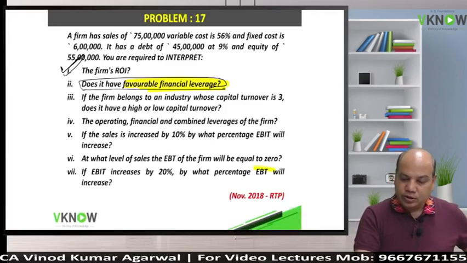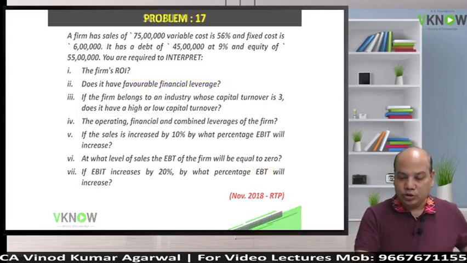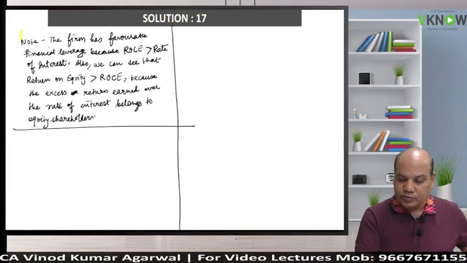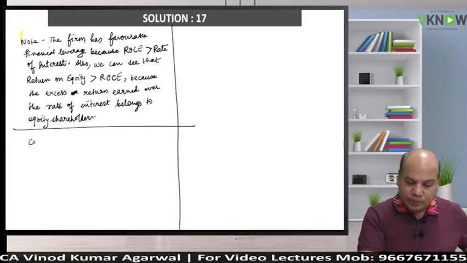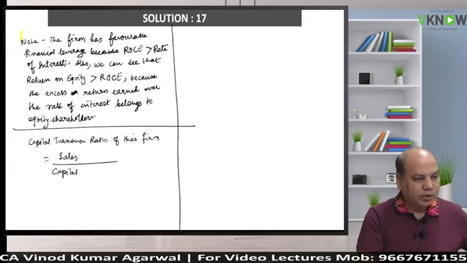So that was my second question. The firm belongs to an industry whose capital turnover is 3. Does it have a high or a low capital turnover ratio? Capital turnover ratio of this firm is equal to sales by capital employed.